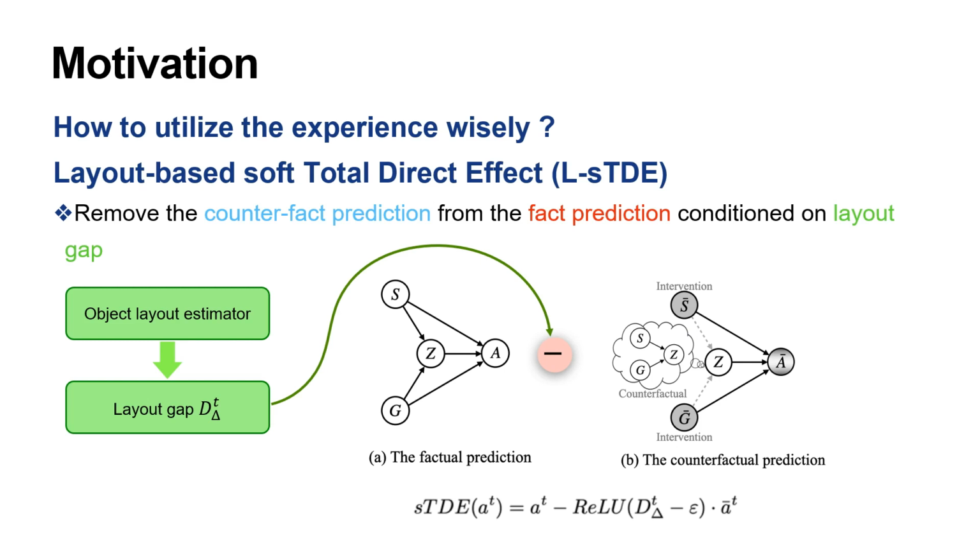Then we propose the object layout estimator that calculates whether the effect of the experience is positive by measuring the layout gap between the current environment and the prior knowledge. Furthermore, our method will remove the counterfactual prediction from the fact prediction when the layout gap is large to avoid the negative effects of experience.